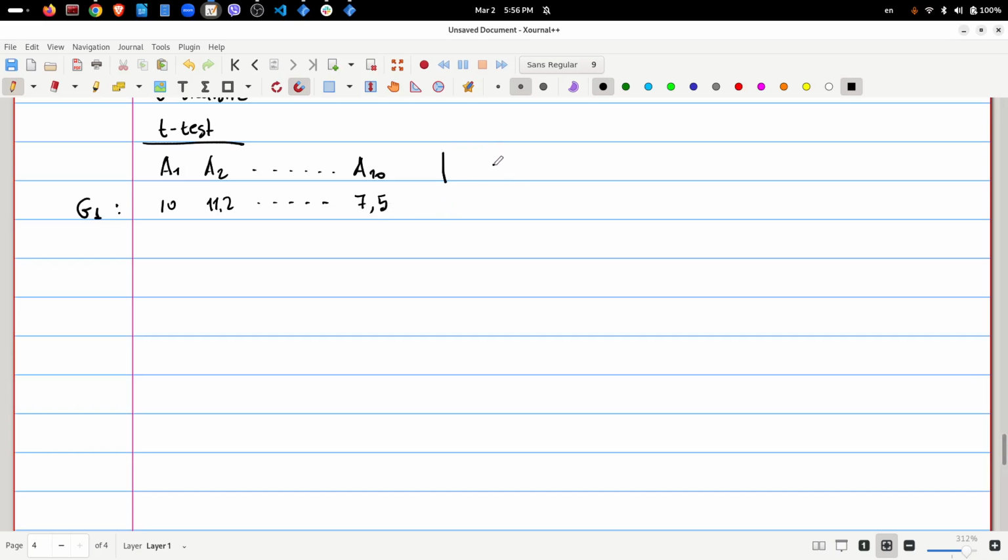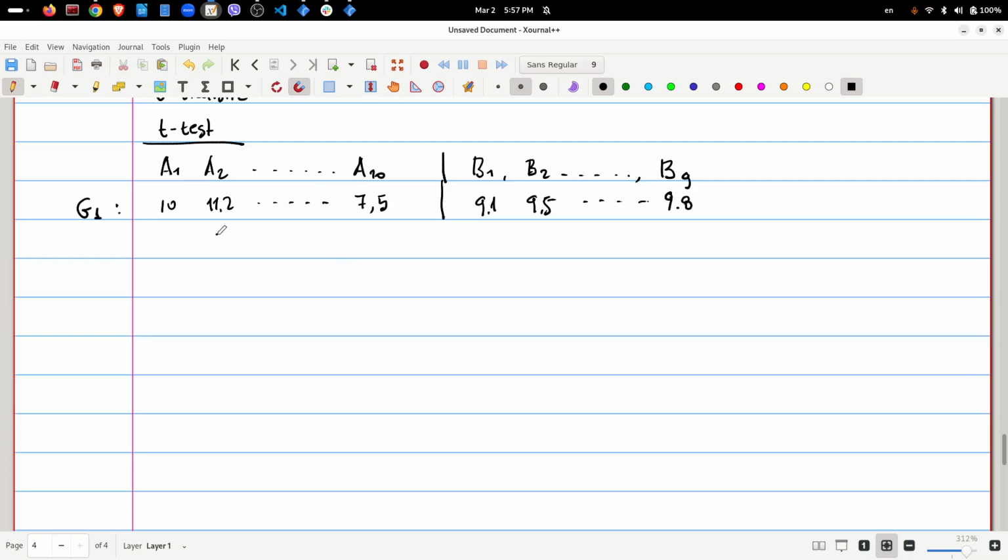And then we have another group of individuals that are related to some disease. These are for example B1, B2. They don't need to be the same number, so let's say B9 here. And again we have some measurements like 9.1, 9.5, and so on.